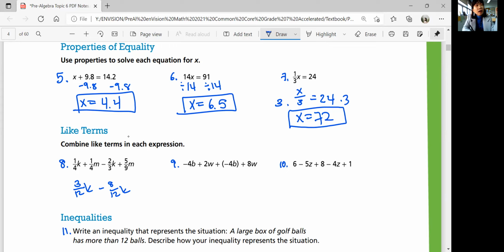So 1/4 M is the same as 9 over 36 M, and 5/9 is the same as 20 over 36 M.